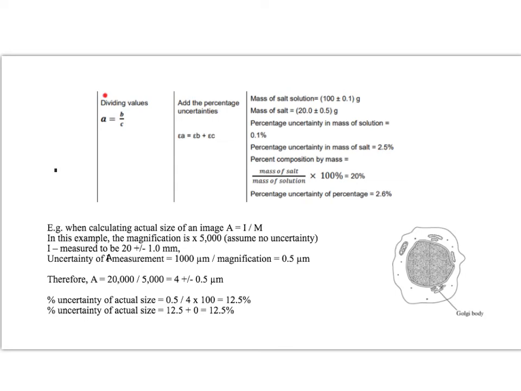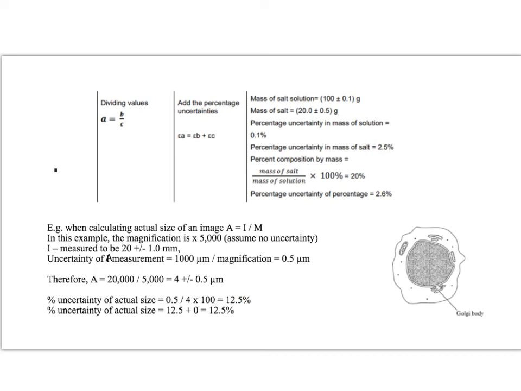Then how do we use this for the total percentage uncertainty for this calculation? Well, the percentage uncertainty for the actual size, remember, is uncertainty divided by measurement times 100, which is 12.5%.